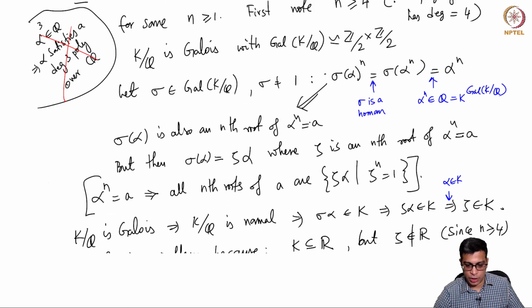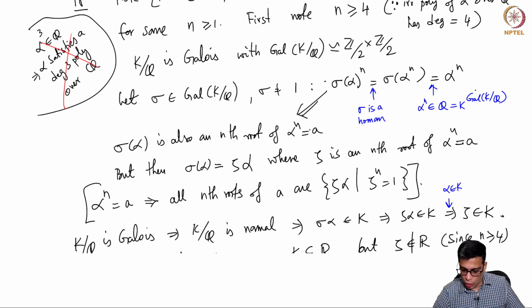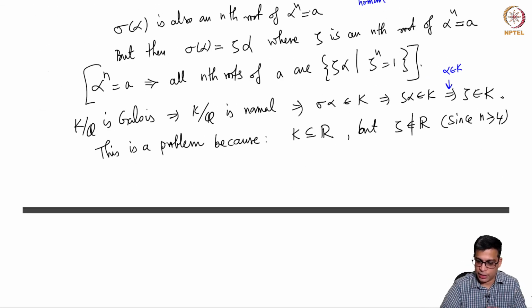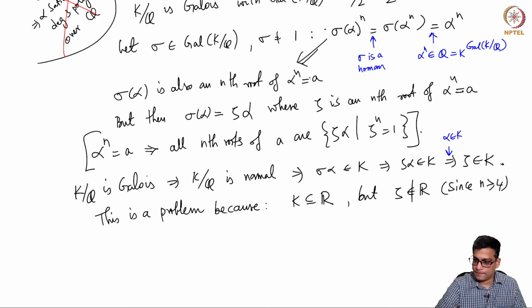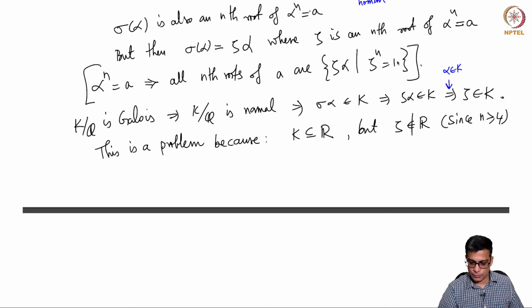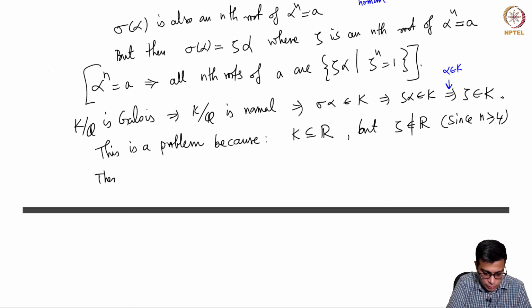So, what I really want to say is that all the nth roots are there. So, I should really add here, so there is a primitive, okay. So, I am sorry.